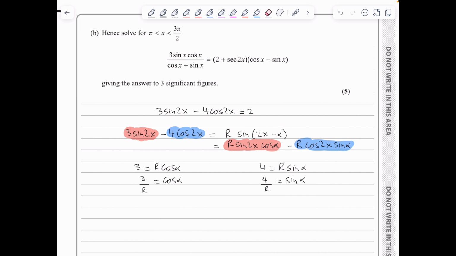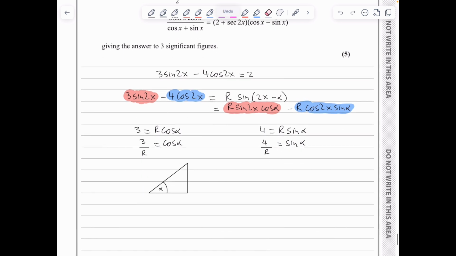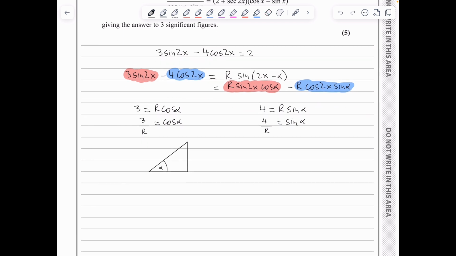I can then illustrate this on a right angle triangle. We've got alpha there, so the cosine is simply adjacent over hypotenuse, where the sine is opposite over hypotenuse. So Pythagoras is giving me that R is the square root of 3 squared plus 4 squared, which is obviously 5, whereas tan alpha is going to be 4 over 3.